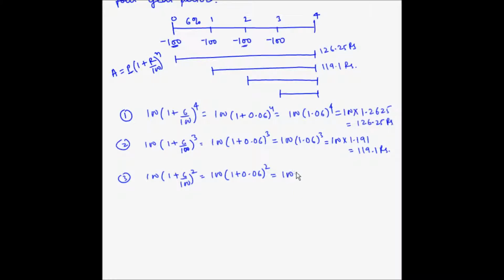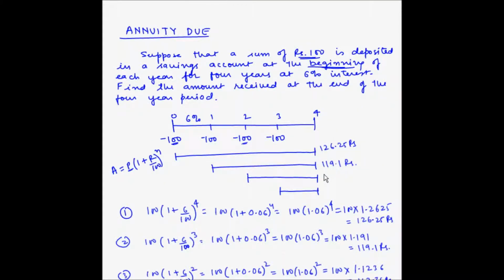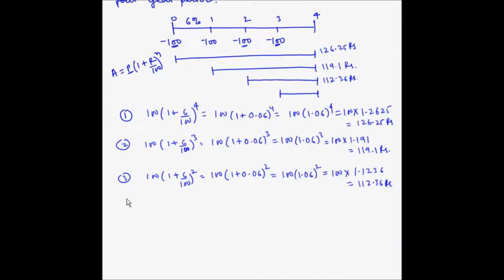This is equal to 100 into 1.06 to the power 2, 100 into 1.1236, which is equal to 112.36 rupees. So this becomes 112.36 rupees. Now we'll take the fourth installment of 100 rupees.